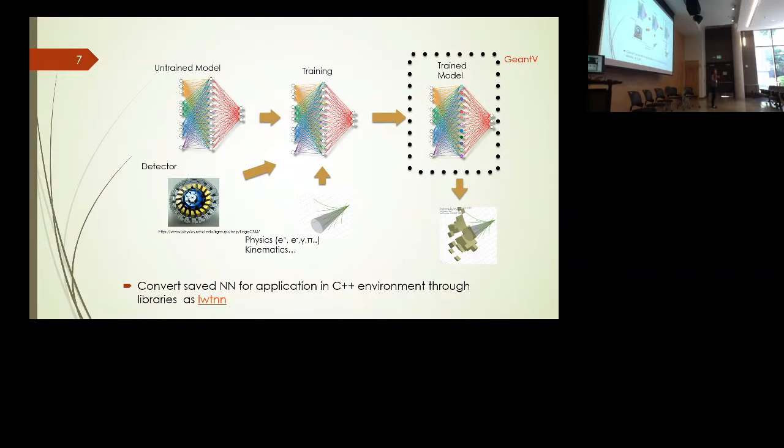It is actually now not really a possibility, it's an example of what we would like to have. This converts networks into a JSON file, and this can be loaded into the C++ application. Unfortunately, this library for now does not implement conversion for convolutional layers, which is the core of our network. So it's not something we can use, but it's this style of libraries that we are looking for.